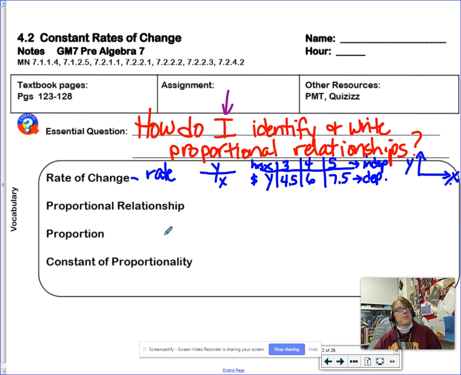Now, the next one, proportional relationship. A proportional relationship is defined as a relationship or a set of ordered pairs or a table like this where all rates of change are equal. Rates of change are equal to each other.